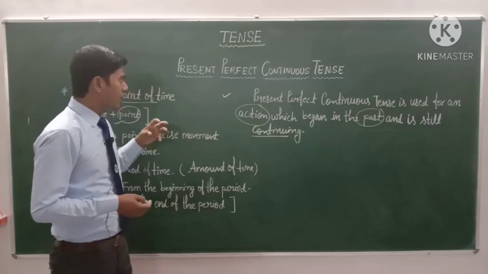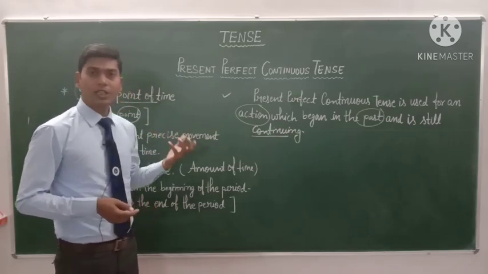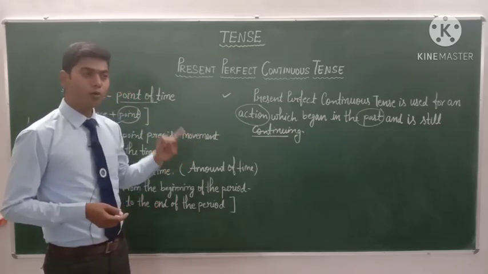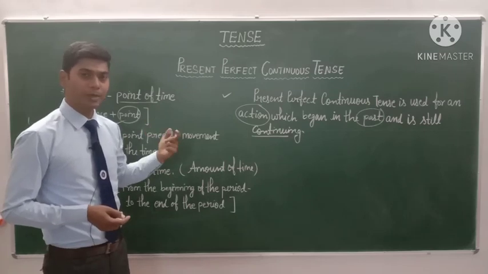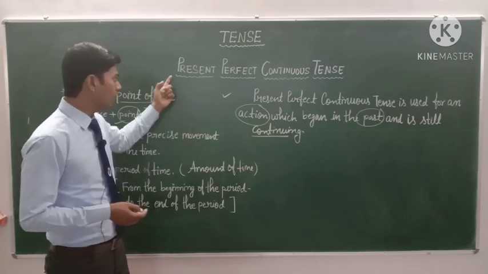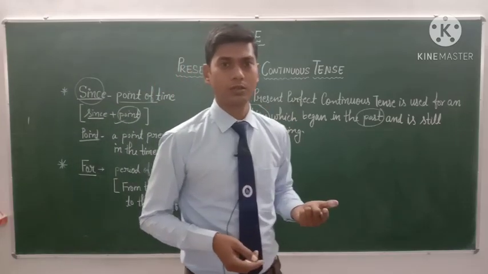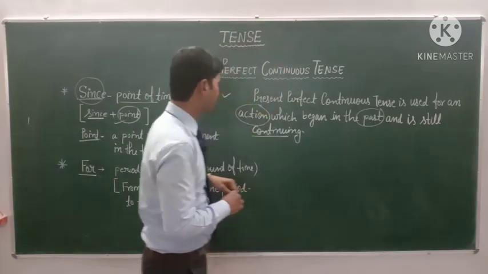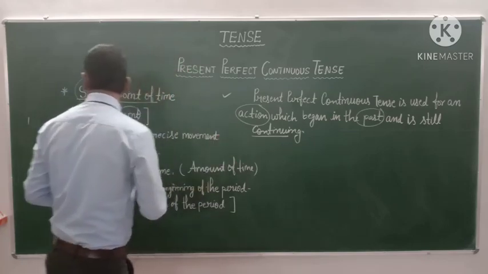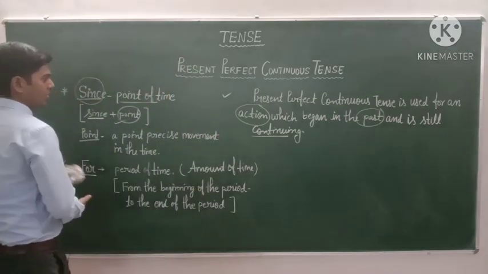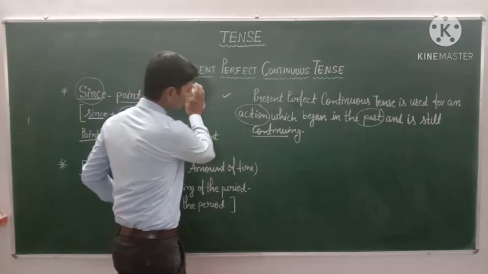So now let's try to discuss some examples. We can note down examples, statements, sentences regarding this on the basis of the word order. So try to note it. What is the word order of present perfect continuous tense?